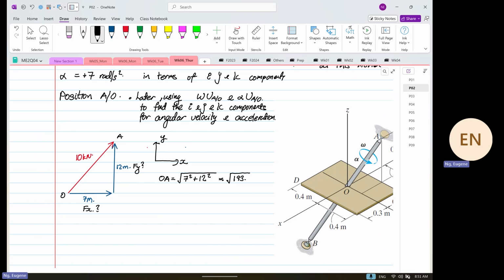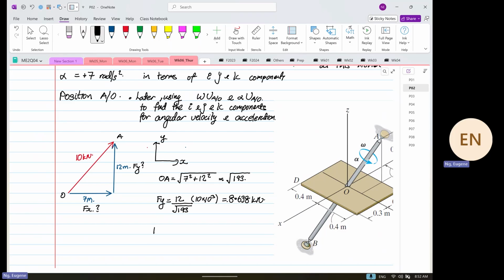So to determine Fy, all I need to do is 12 divided by square root of 193 times 10 times 10 to the power 3. So this will be equal to 12 divided by square root of 193 times 10 to the power 3, which is equal to 8.638 kilonewton.